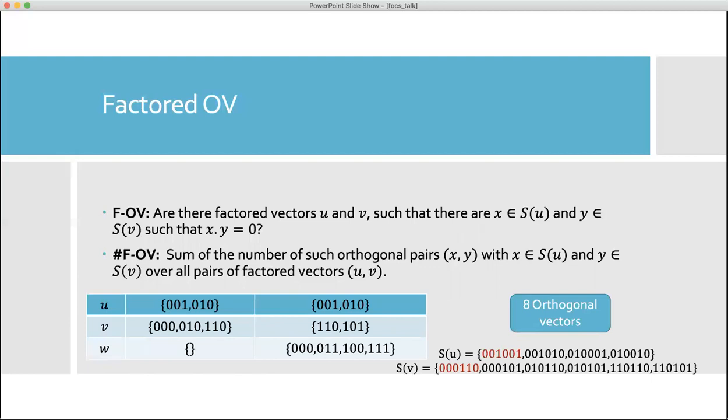So for example, in our factored OV example, we have 8 orthogonal pairs. So the answer to the counting factored OV problem here is 8. W has no vectors, so all these orthogonal pairs come from S of U and S of V, and as an example, one of the pairs is shown in red here.